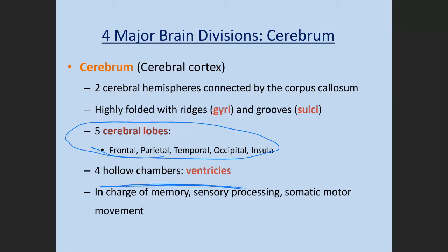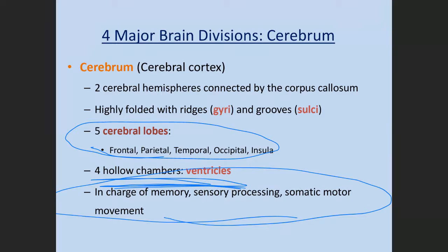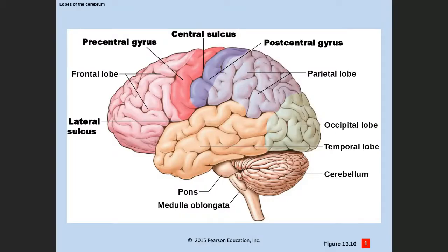Then you're going to have the four hollow chambers, which are your ventricles. These are important because your ventricles are the spaces through which your cerebrospinal fluid can pass. And we're going to talk about that in a moment. And then, of course, we already talked about some of those major functions, those higher mental functions that the cerebrum has.